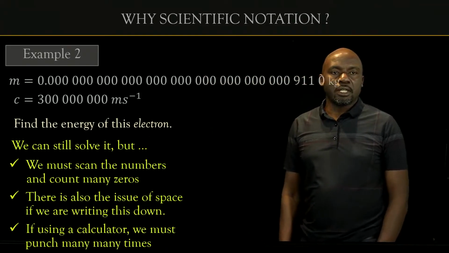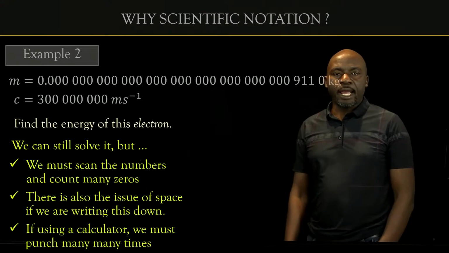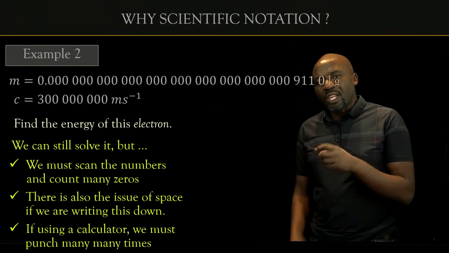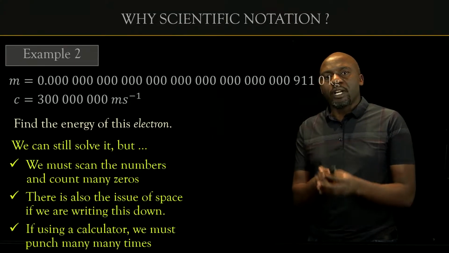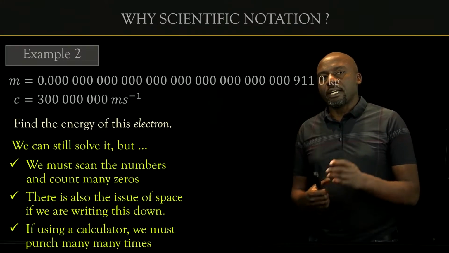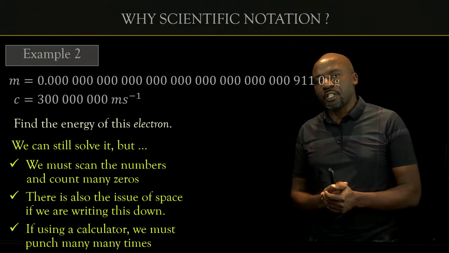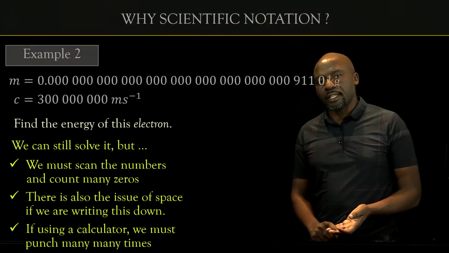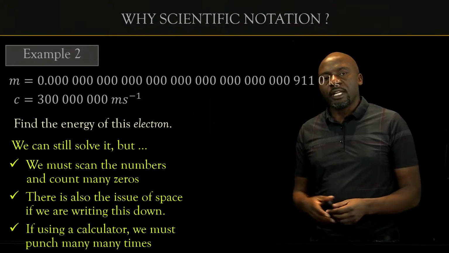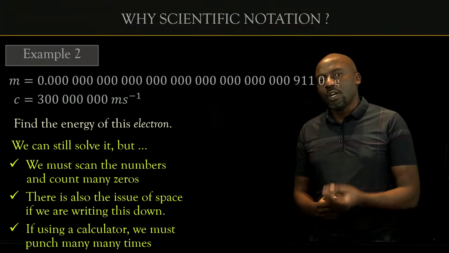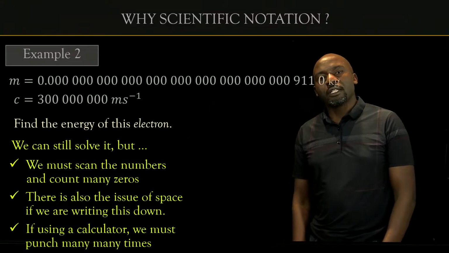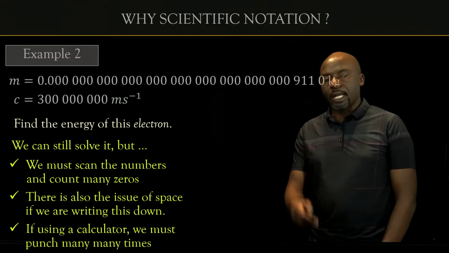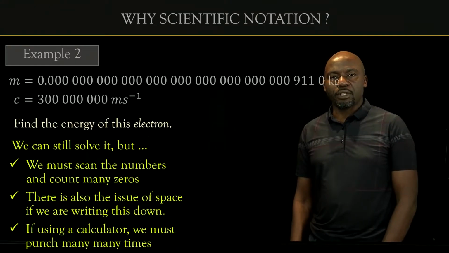It is for this reason that we want a way to reduce writing, a way to find a notation that we can use to express this same number, but in such a way that when we use it in calculation, we don't have to write so much, we don't have to type in so many zeros like that, and in the process of calculation, we will come up with a way of doing that calculation without too much work on our side, okay? So this is why we need to be able to write numbers in scientific notation.